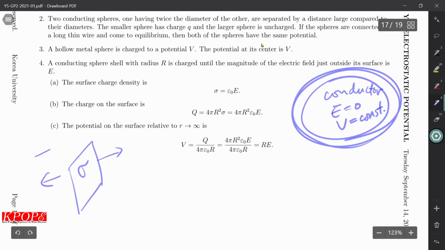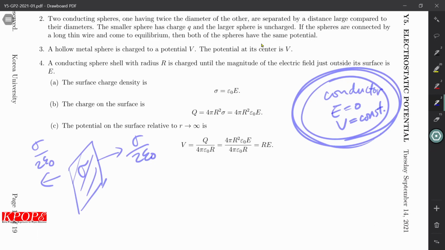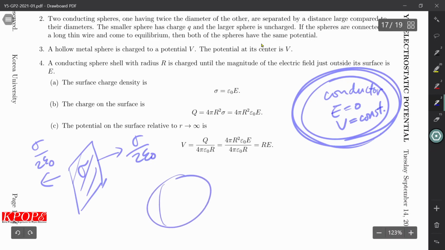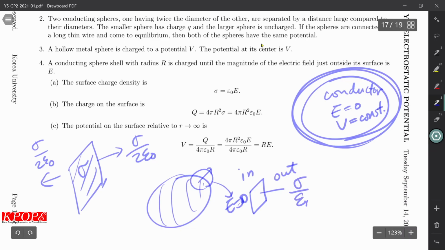We recall the electric field is sigma over 2 epsilon 0, left and right, if the charged plate is open. If it is a closed surface, just outside and inside, microscopic view, out, in, the E field is 0 inside, and outside it is sigma over epsilon 0, instead of sigma over 2 epsilon 0.